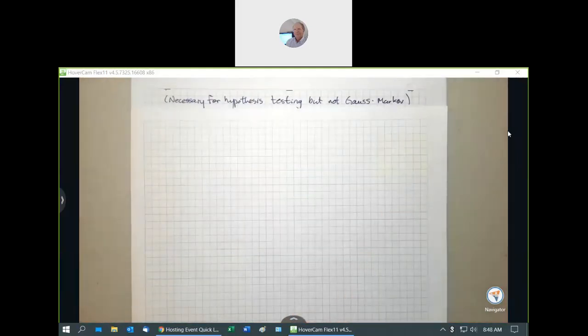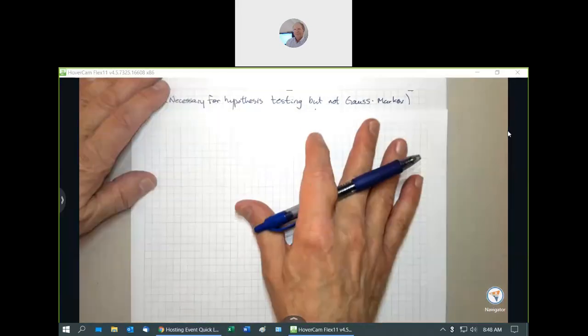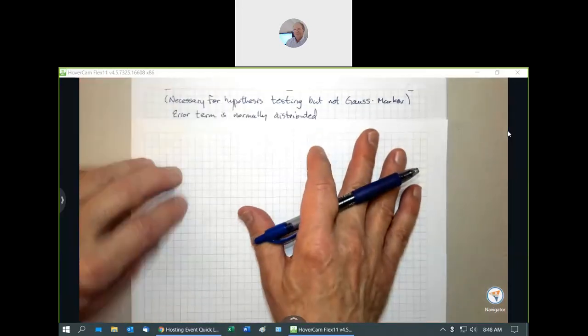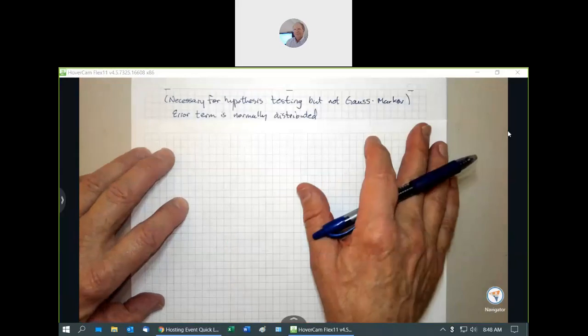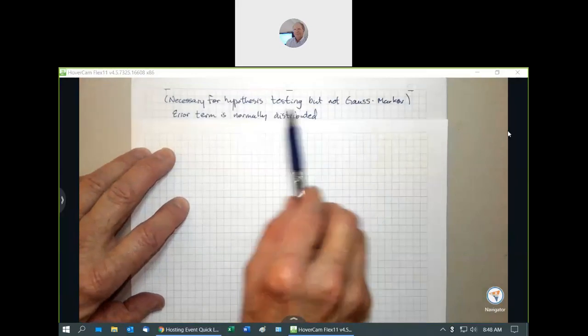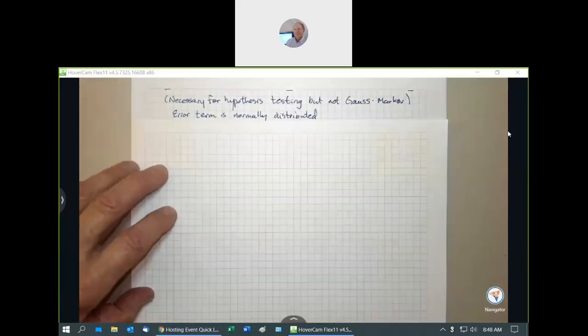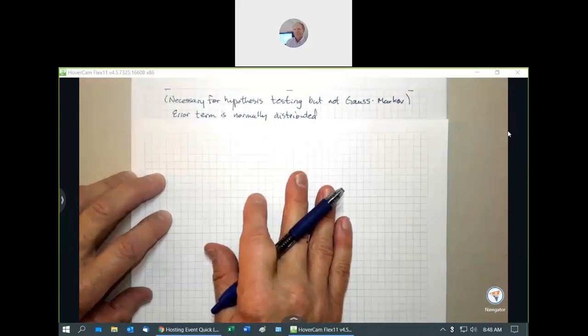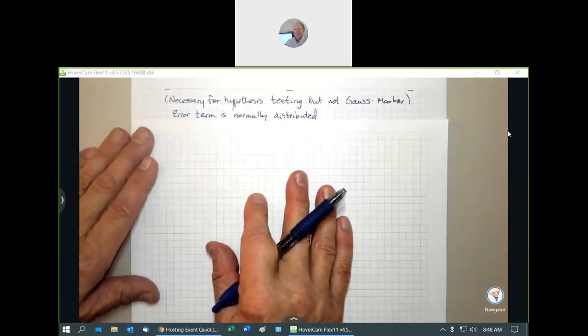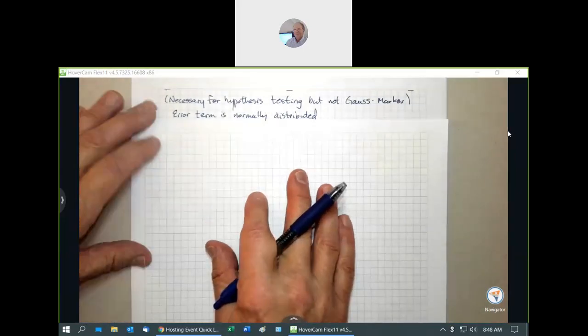So if you have all of those assumptions and you don't have this last assumption, your estimates are still best linear unbiased estimates. They're still BLUE. But if you want your hypothesis tests and your significance and all those things to run through, you need this additional assumption that the error term is normally distributed. And if it is, then you have good hypothesis testing of the kind that we've seen already. And that's a very important thing.